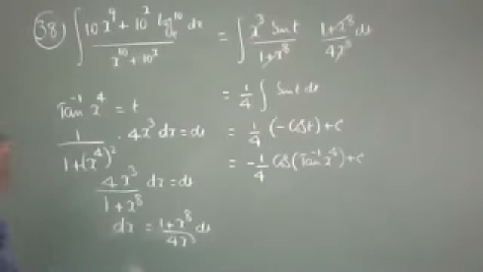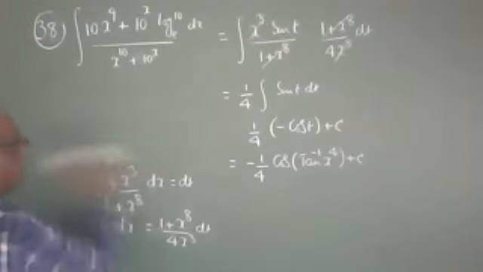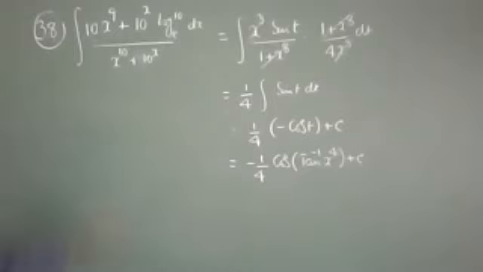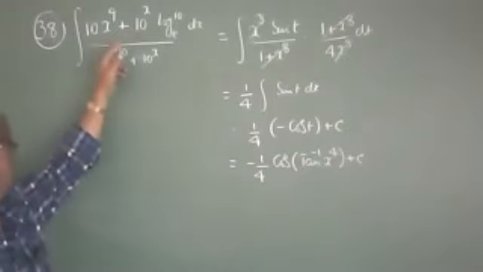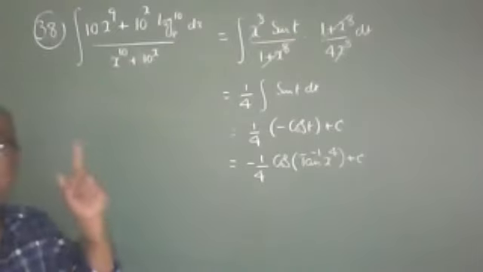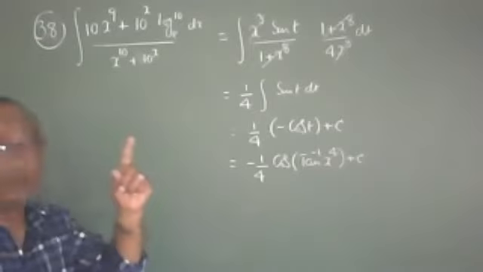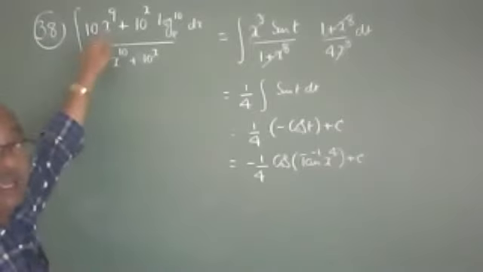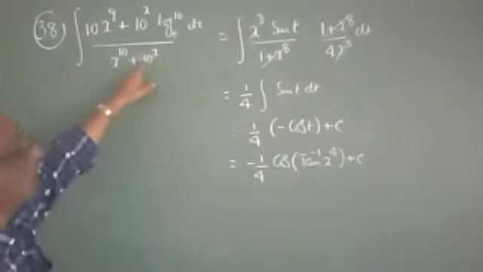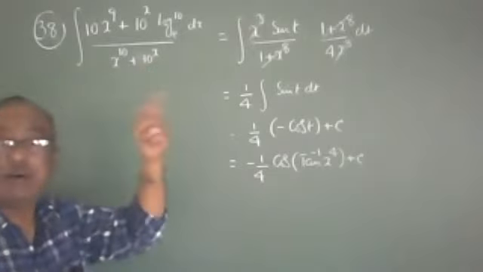38th problem. First, observe, what function has this derivative? 10x power of 9 is the derivative of which function? 10x power of 9 is the derivative of x power of 10. Automatically 10 power of x means a power of x.